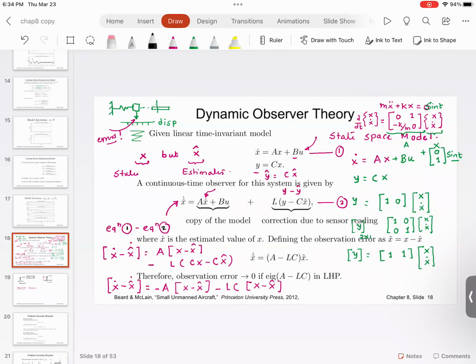My approximate dynamics is x hat dot is equal to Ax plus Bu. But what I'm assuming is the difference between these two, and again that is an assumption, could be true, could be false, is somewhat related to the difference in the observation.